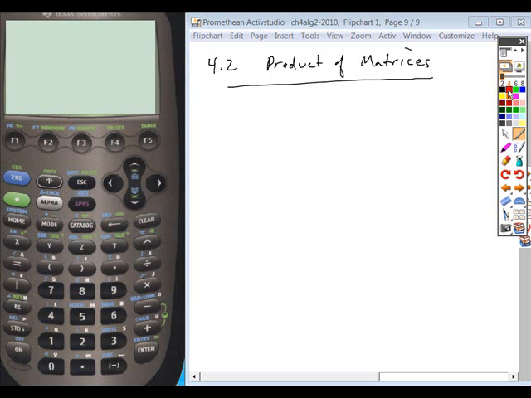When you look to multiply, there's a specific relationship that has to exist in order to multiply.